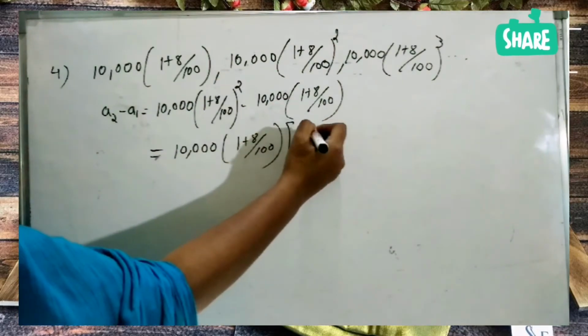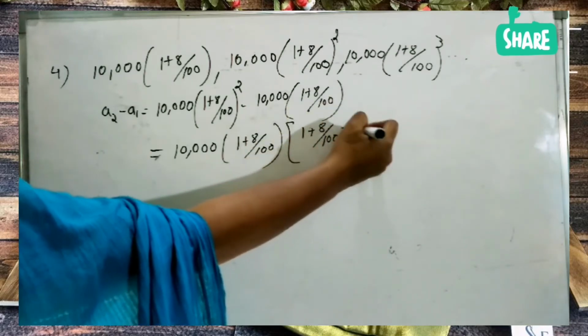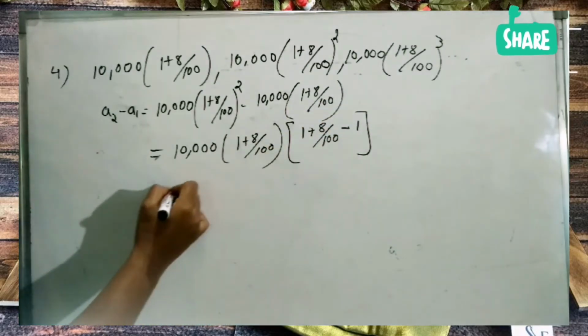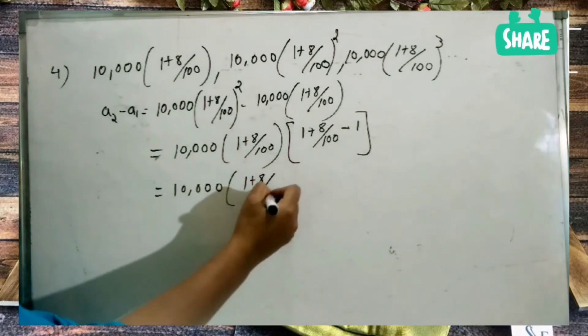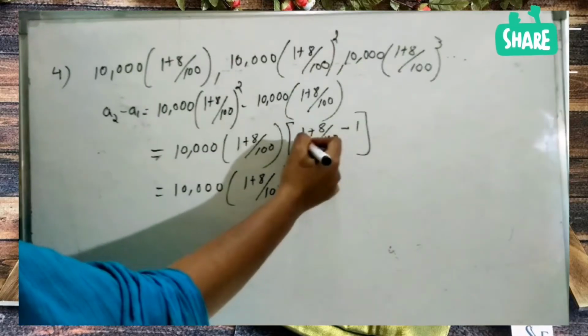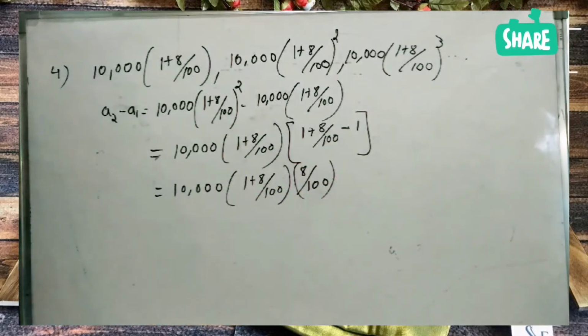Then in the first term we will have 1 + 8/100, minus the second term 1. This is equal to 10,000 into (1 + 8/100) into, 1 and minus 1 get cancelled, 8/100. So A2 minus A1 we got as 10,000 into (1 + 8/100) into 8/100.